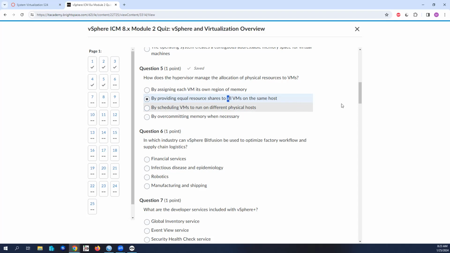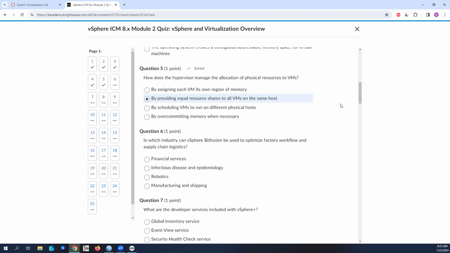By default, without additional configuration, and we'll get to a section where we'll even look at the shares. There's actually a particular value assigned to all VMs, and you can change it off of normal, I think it is, or medium. They've changed the name over the versions. They've got low, medium, high, or low, normal, high.